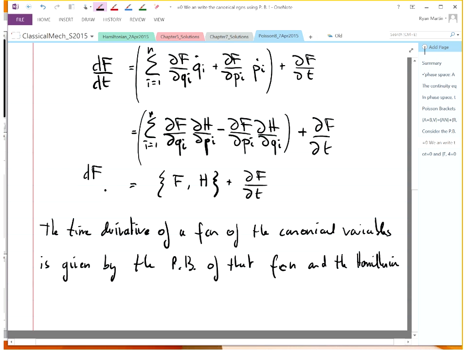We'll go back to that equation one more time. So df/dt is equal to the Poisson bracket of f with H plus the partial time derivative. For those of you who are taking quantum mechanics, you might have already seen something very similar: the Heisenberg equation for how operators change with time.